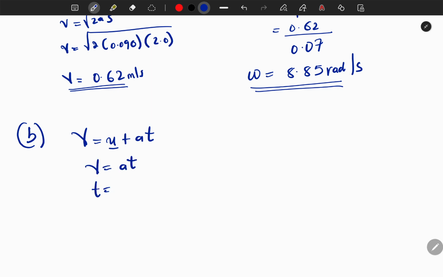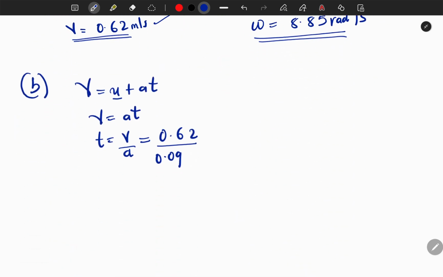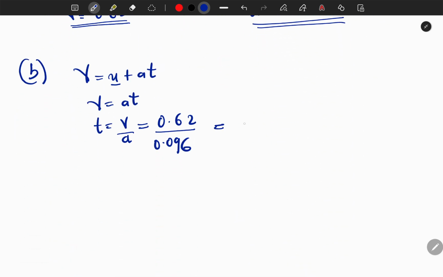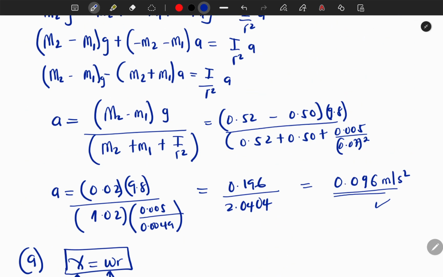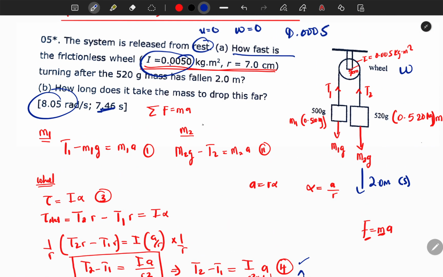So t is equal to v over a. v is 0.62 over the acceleration we found too, if I recall properly, 0.096. Dividing this, I'm getting 6.45 seconds. You see, it's also different from what we've been given because we have the incorrect moment of inertia. Nevertheless, follow these steps, you'll be fine.